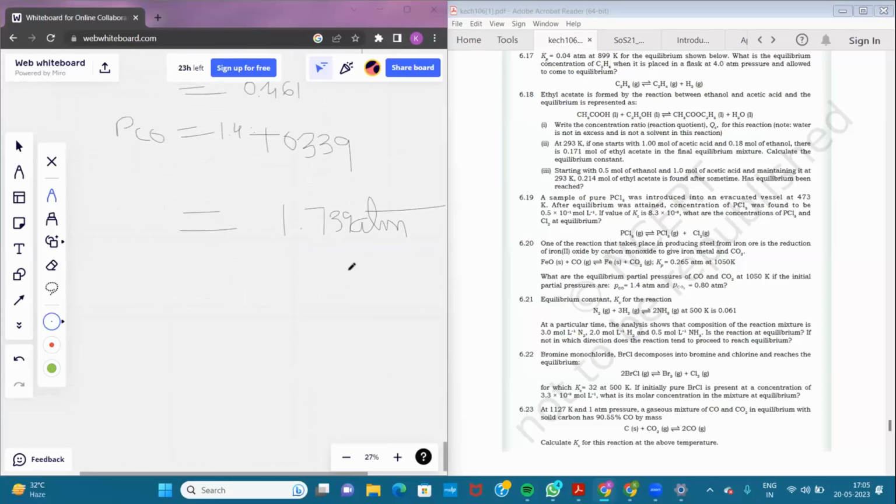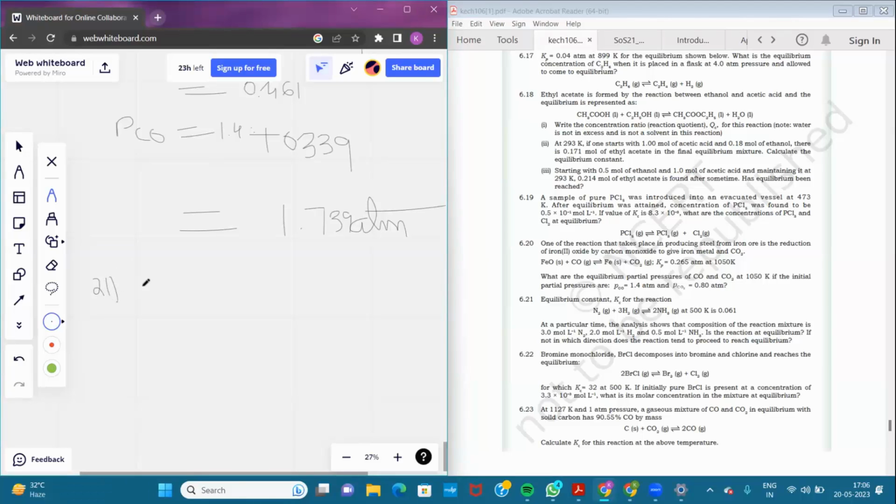21st question. Equilibrium constant Kc for the reaction is given. At a particular time, the analysis shows that composition of reaction mixture is 3, 2, and 0.5. Is the reaction at equilibrium? If not, in which direction does the reaction proceed?